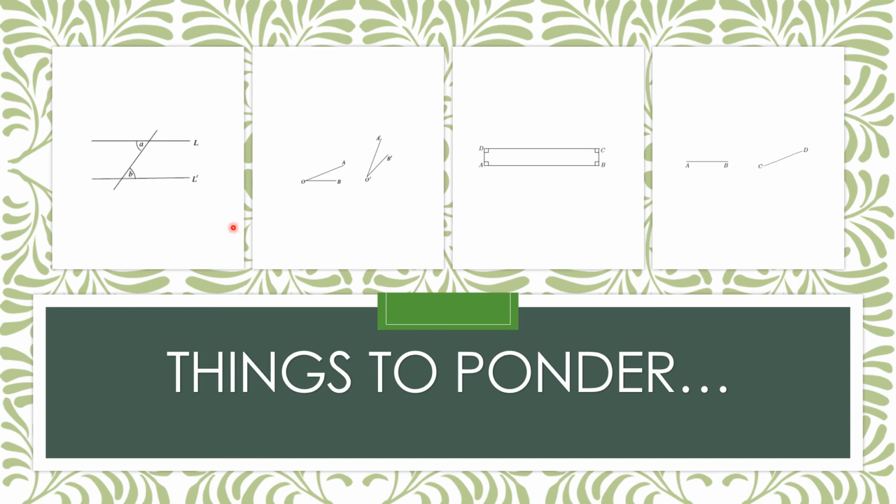How are we going to figure this out? This is something I want you to ponder before class. Think about it. How are you going to figure out if they're equal, if they're the same, if you don't have a ruler or a protractor to measure it?